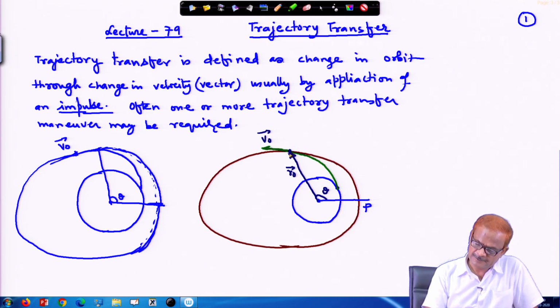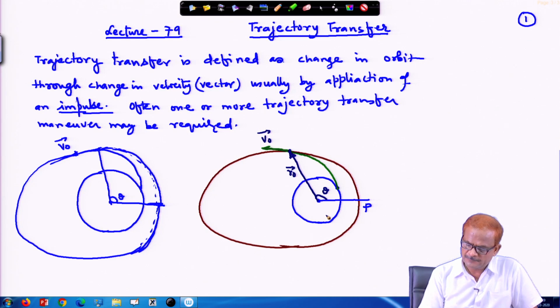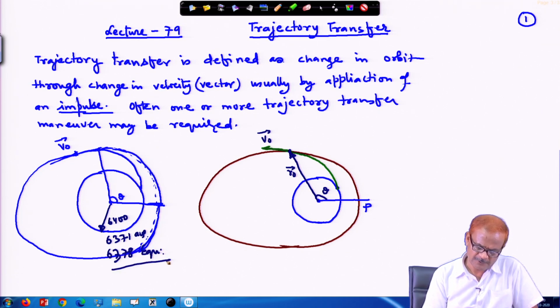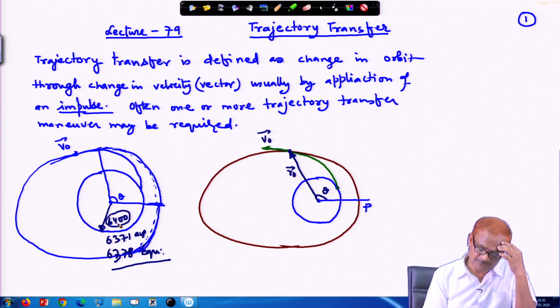Once you have injected, this is the orbit in which the satellite is. This is a very distorted figure, remember, because the earth radius is 6400 kilometers, and we have written 6371, the average value, or 6378, the equatorial radius we have used. So, say roughly 6400 kilometers.